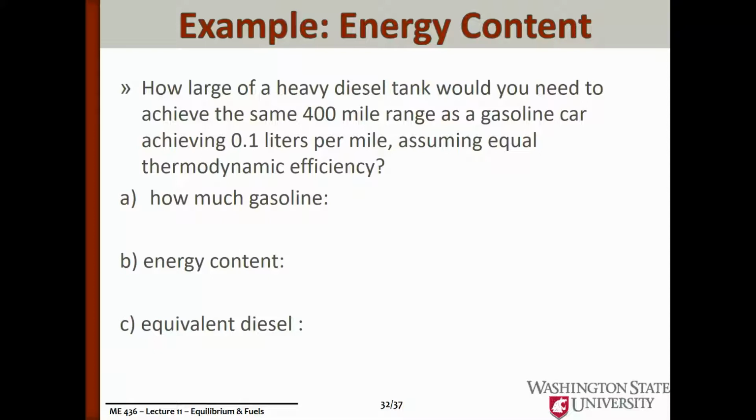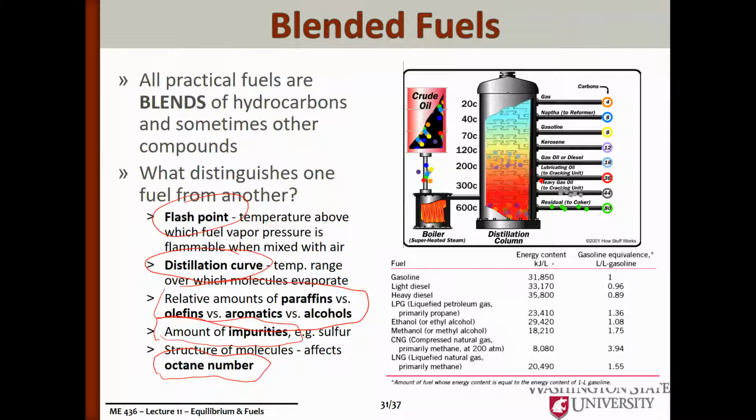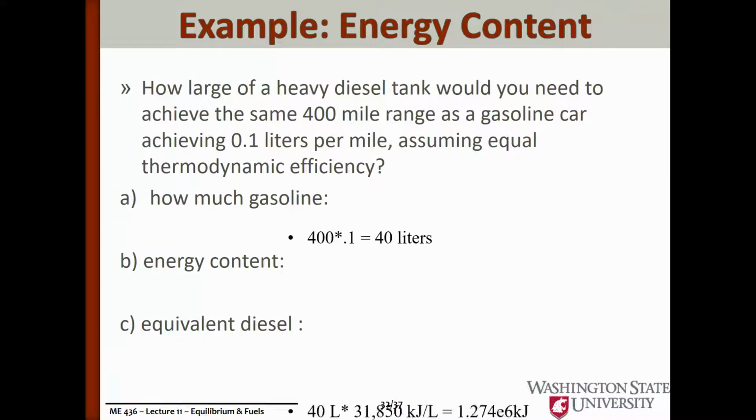So, a quick example here. If I wanted to compare gasoline to diesel, and we've done an example like this in the first week, how big would your tank need to be to have the same 400-mile range? If a gasoline car is burning a tenth of a liter per mile, it's going to need a 40-liter tank. I'm using the energy content of gasoline and diesel on a volume basis from the previous slide.